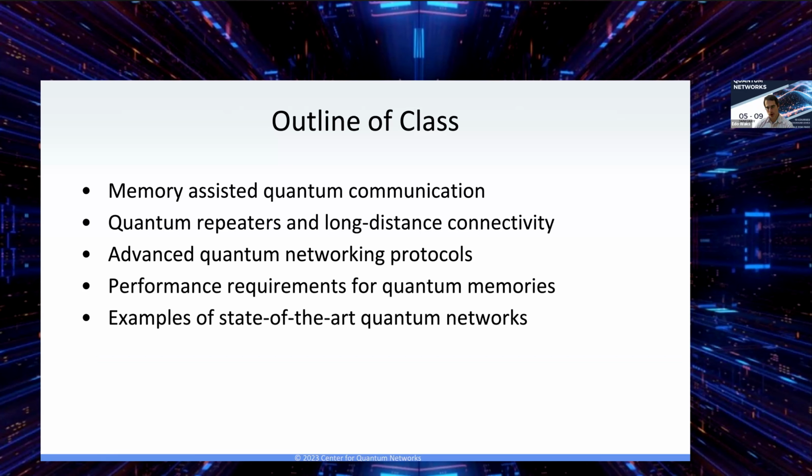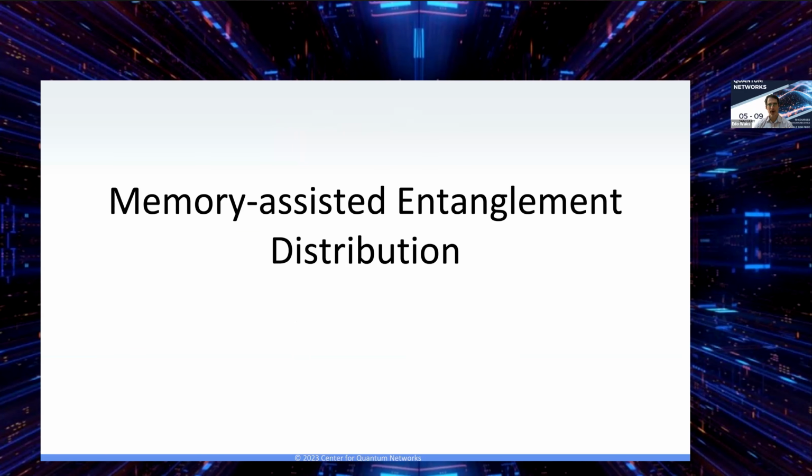I'll touch on the performance requirements for quantum memories, what they need in order to actually implement a useful quantum network, and then I'll conclude with examples of current state-of-the-art quantum networks and how far we've gone and where we need to go in order to get to where we actually want to be in the long run. So that's the brief outline.